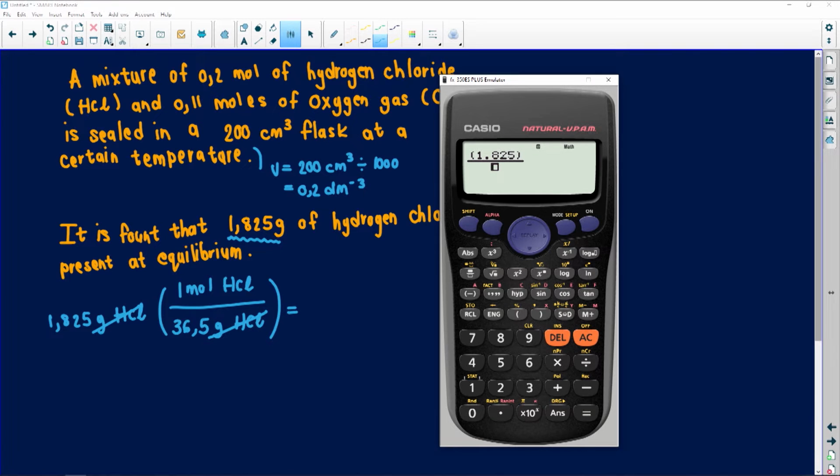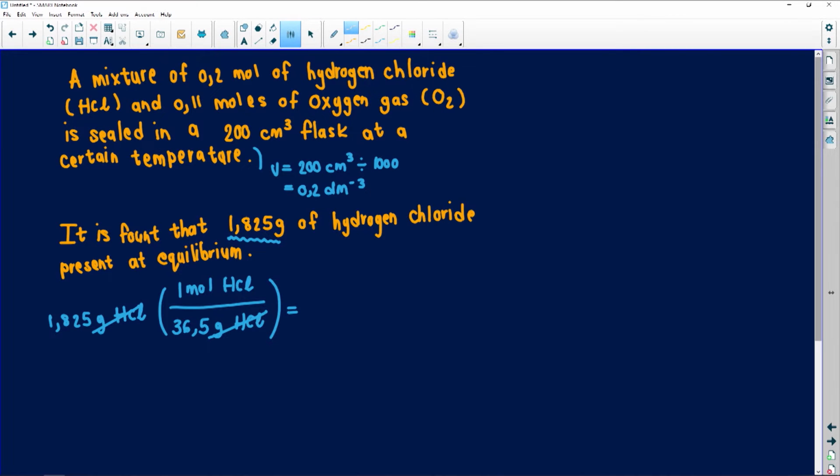At the bottom, I've got 36.5. And then I end up with 0.05. And that is 0.05 moles of HCl. So at equilibrium, we have 0.05 moles of HCl. This was a little bit tricky, but now let's see what they actually want us to establish.